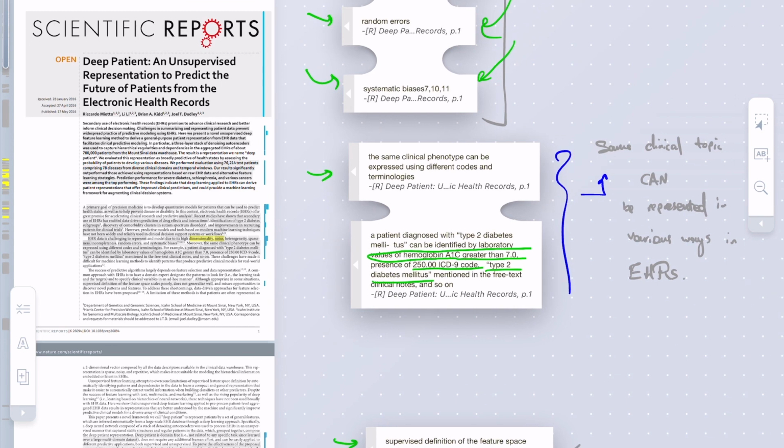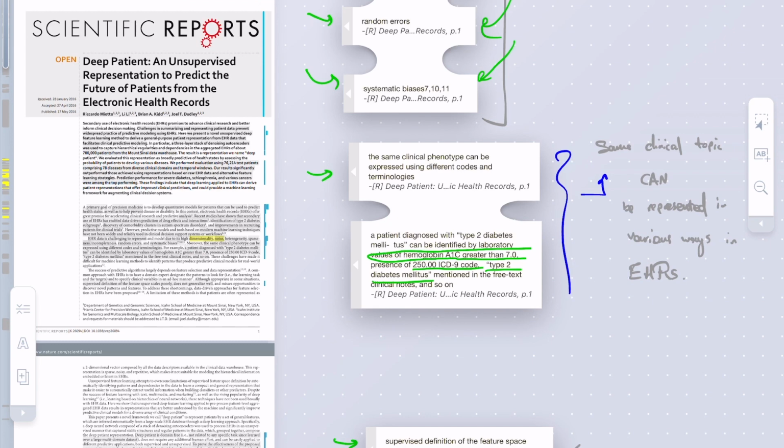The same clinical phenotype can be expressed using different codes and terminologies. This is very important. For example, assume that you want to classify a cat from a picture. The domain is clear. You're going to work with intensities of the pictures. But in this case, if you are trying to predict type 2 diabetes, it might manifest itself in different parts of the electronic health records.